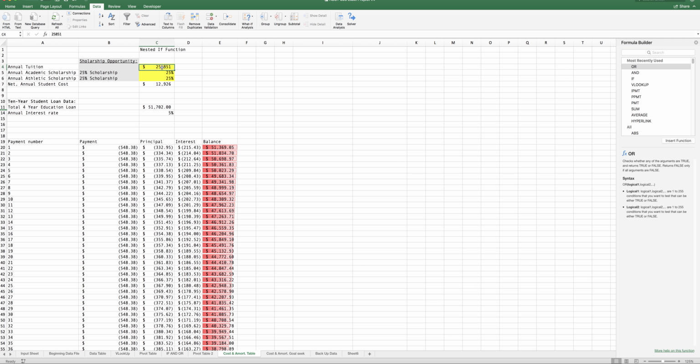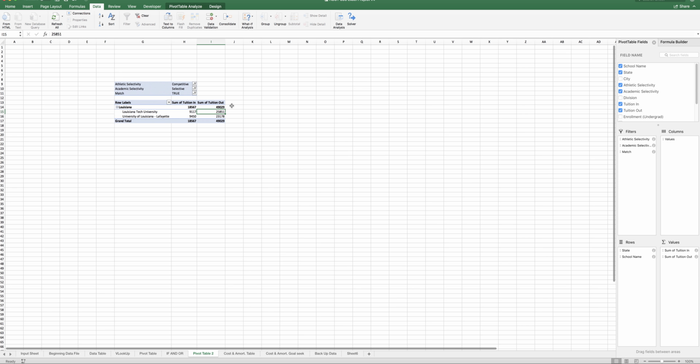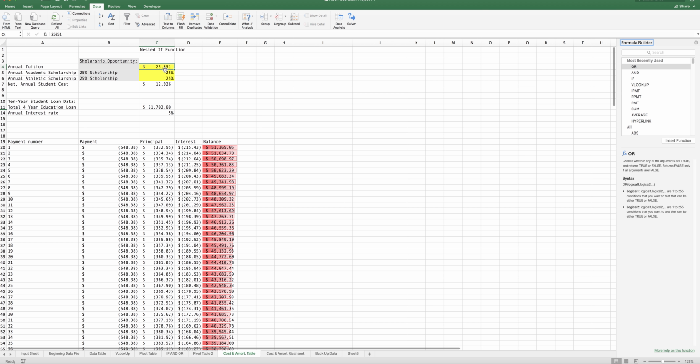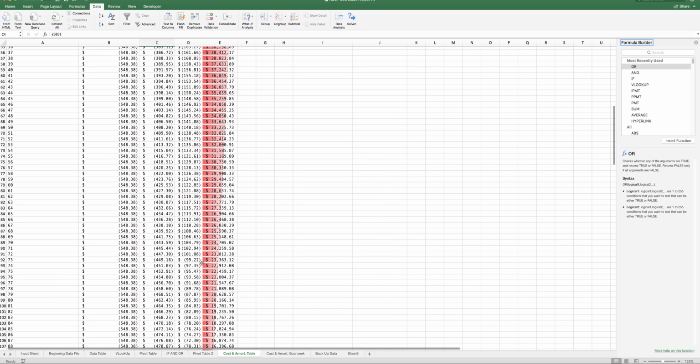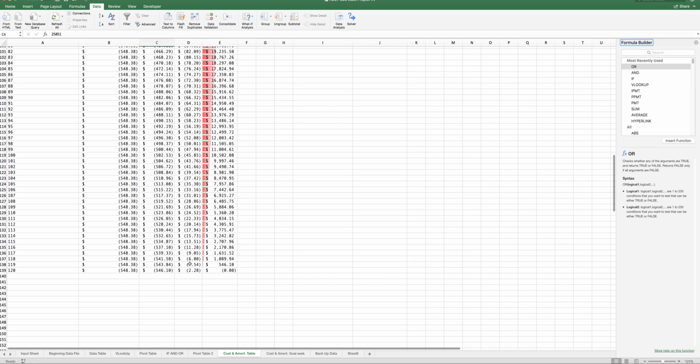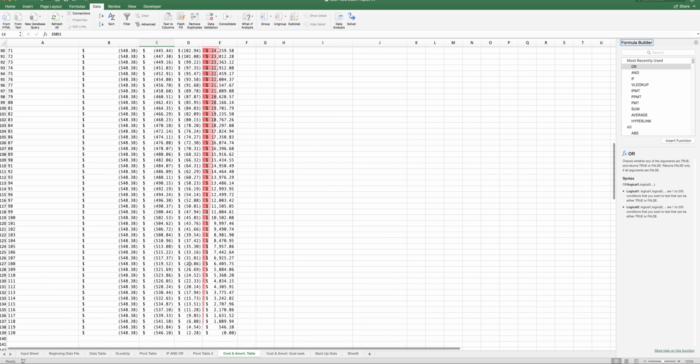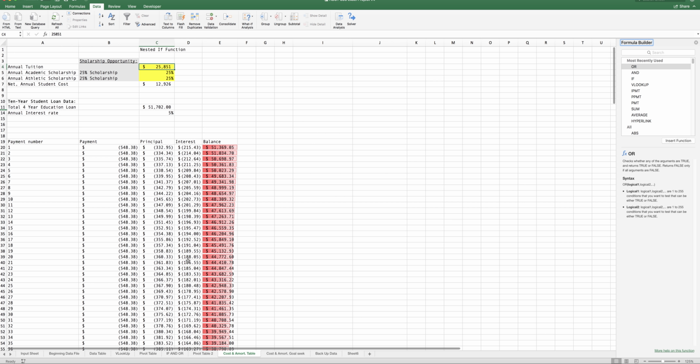So that factors into the cost. In this case, the annual tuition for the first school selected, Louisiana Tech University, is $25,851. Plug it in here. After calculating the expected scholarship offers, it comes to a 4-year cost of $51,000 at the annual interest rate, and it presents the monthly payment and amortization schedule for the 10-year period.